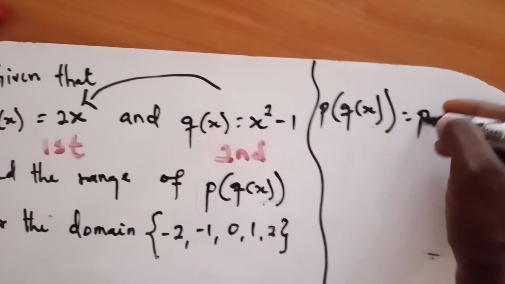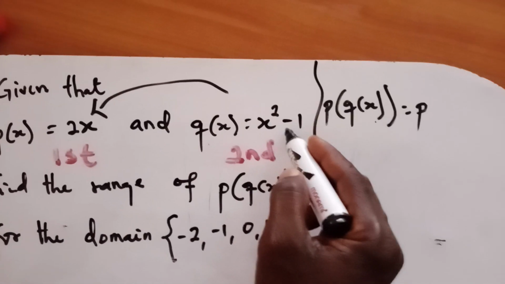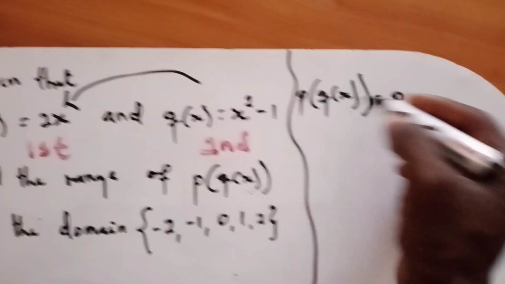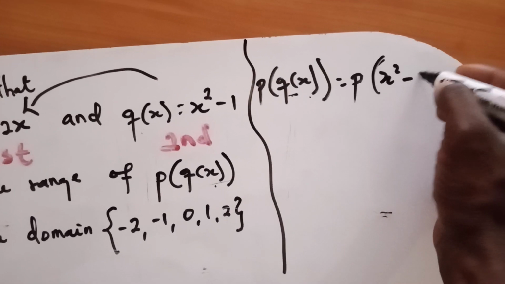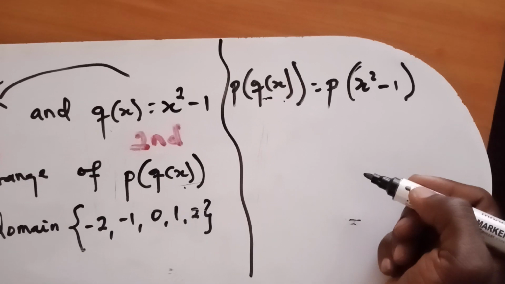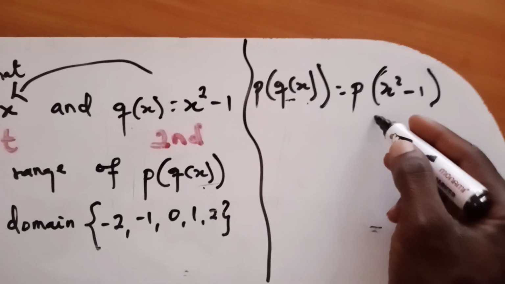So we have our P here. P is the first company, so these people pay the charges for the first company. So we have to replace this thing by this equation here, that is s squared minus 1. Now, how much are these people paying here?